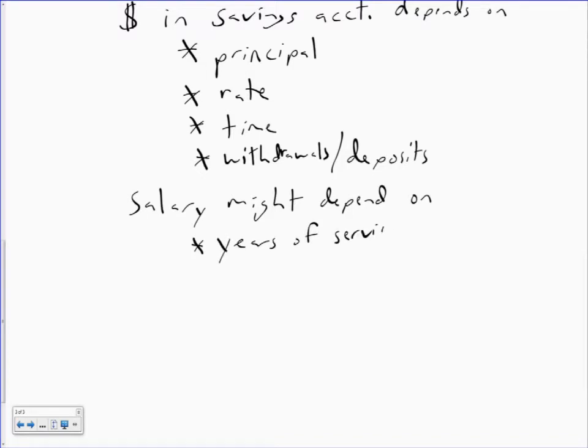So they have some kind of a function, and you plug in how many years you've been working there, and you plug in what your highest degree earned is. So for example, if you're a teacher, often you have a bachelor's degree or a master's degree, you get that pay bump for the master's degree. So this is a place where your salary would be affected by these, and it would be a function of these variables.